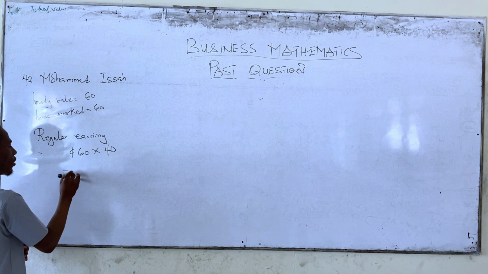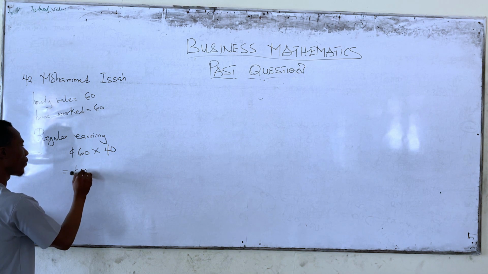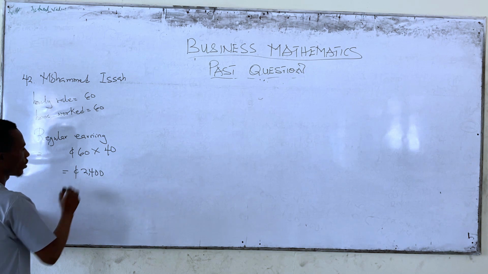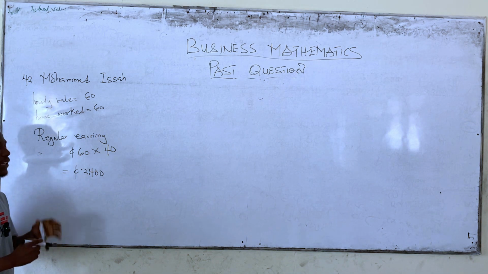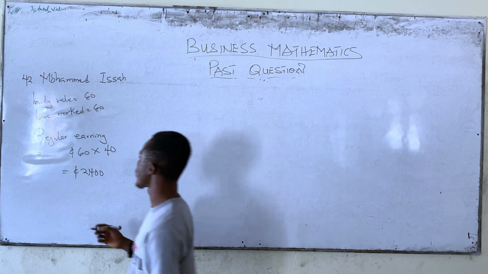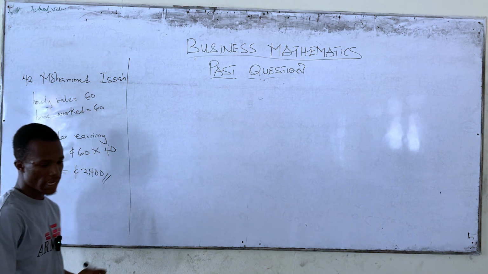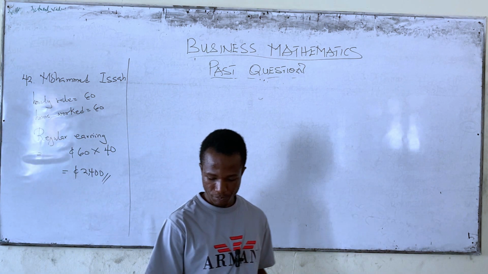Okay. So in this case, 6 times 4 is 24. Then we add our two zeros. So 2,400 Ghana cedis. So Mohammed's regular earning is 2,400 Ghana cedis.